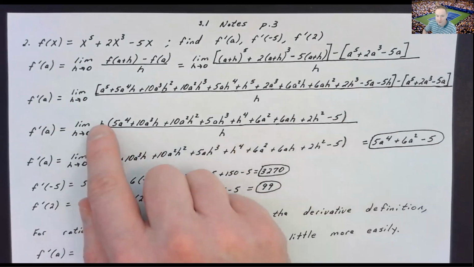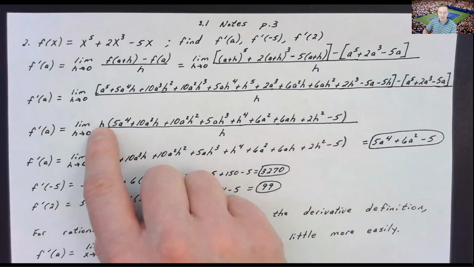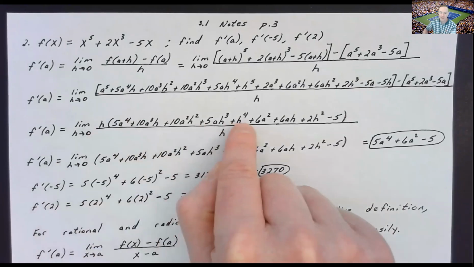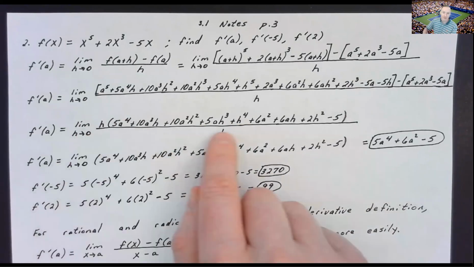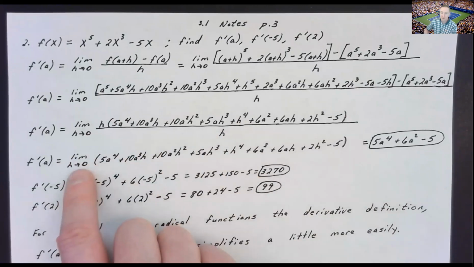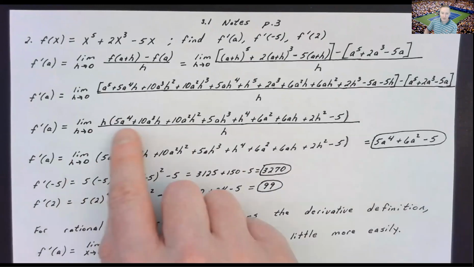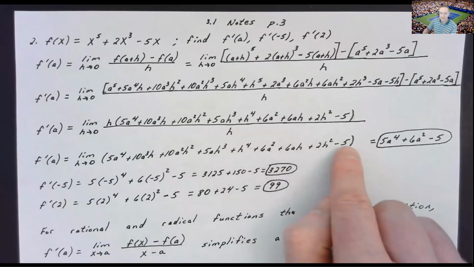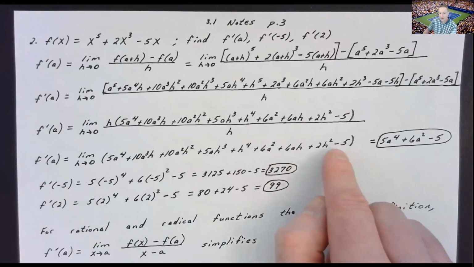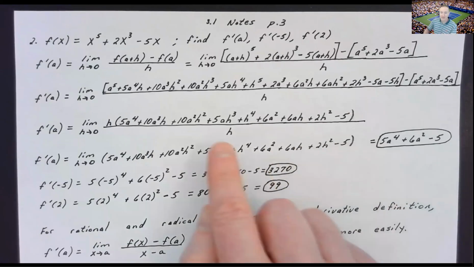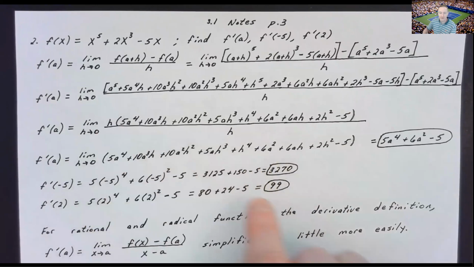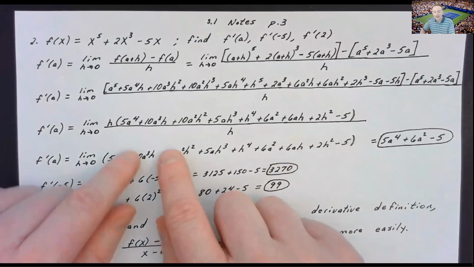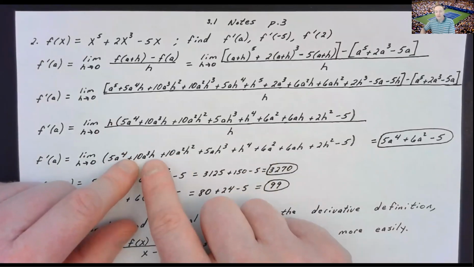The whole point of factoring the h out of those terms is so that we could eliminate h in this step in the problem. This is just going to become the limit as h approaches 0 of the expression I had in parentheses up here, but now it's no longer in a fraction. I can now take the limit since that h has been canceled out of the denominator, and I can allow every h term to be a 0.